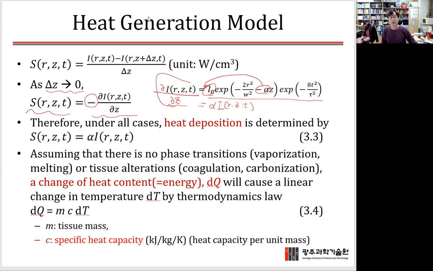So round I over round z is basically the same as alpha times I, and so the heat deposition is now shown as this value. Here alpha is the absorption coefficient.